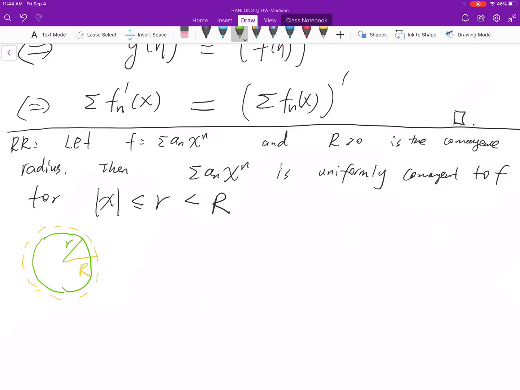Therefore, you can apply the previous theorem freely. Okay.